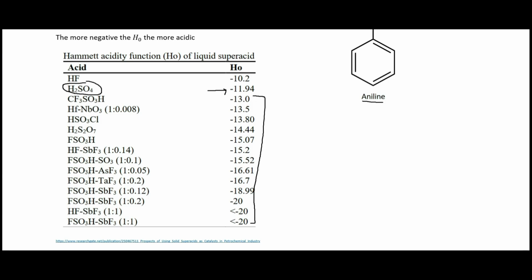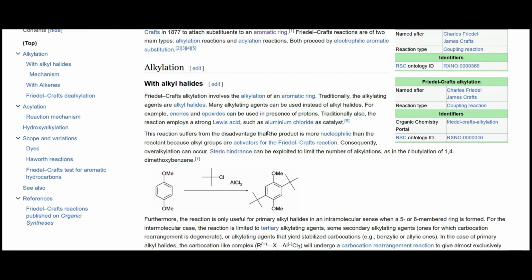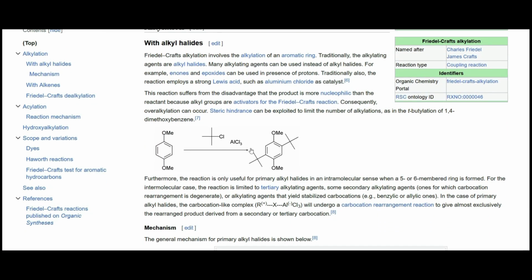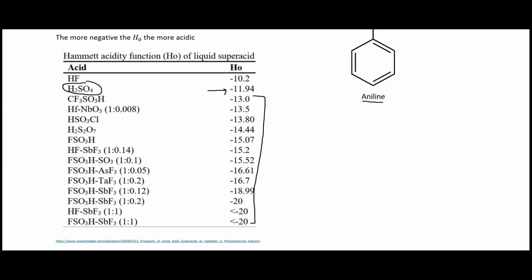For instance, in organic chemistry, the Friedel-Crafts reaction, which you can see on Wikipedia here. This, for instance, is using AlCl3, which with Lewis acids is taken as the standard, similar to our H2SO4 here.